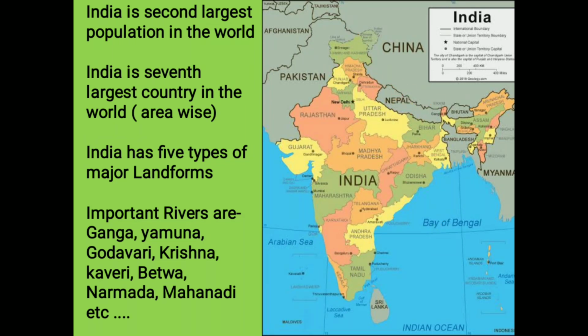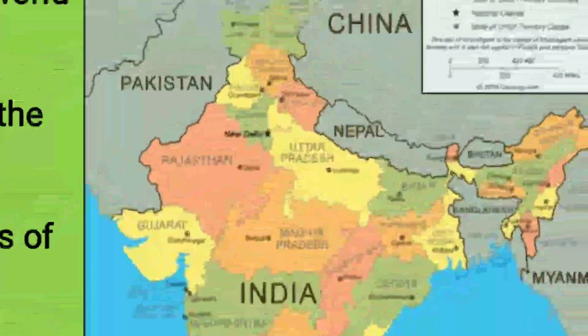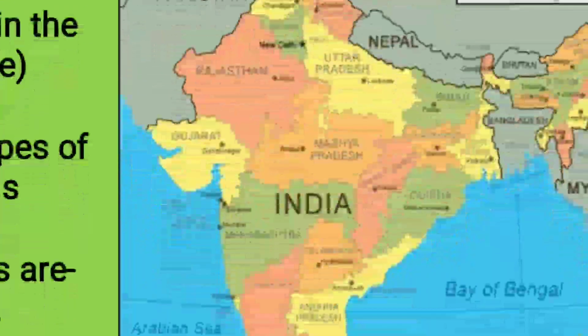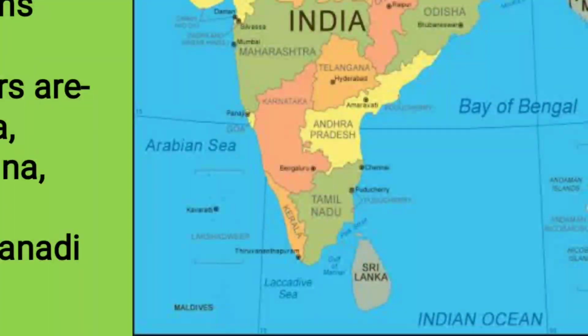Now we need to know about the boundaries, a very important part of India. What are the boundaries? India is connected to land on the northern side. If I zoom out this picture, you can see this is the northern portion and this is the southern portion.